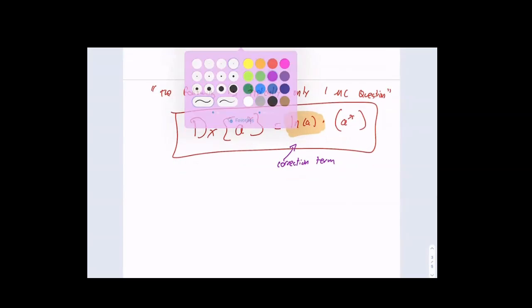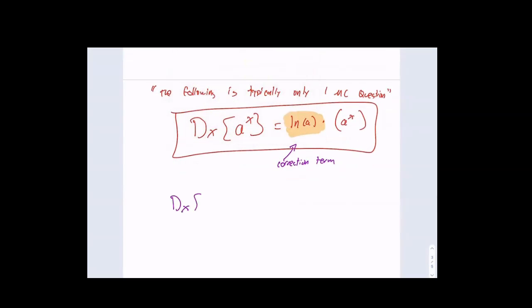And therefore the derivative of a to the u, well, we know the derivative of e to the u is e to the u, copy paste, right? I told you copy paste. So a to the u, we know that's going to be in the answer, times du dx.